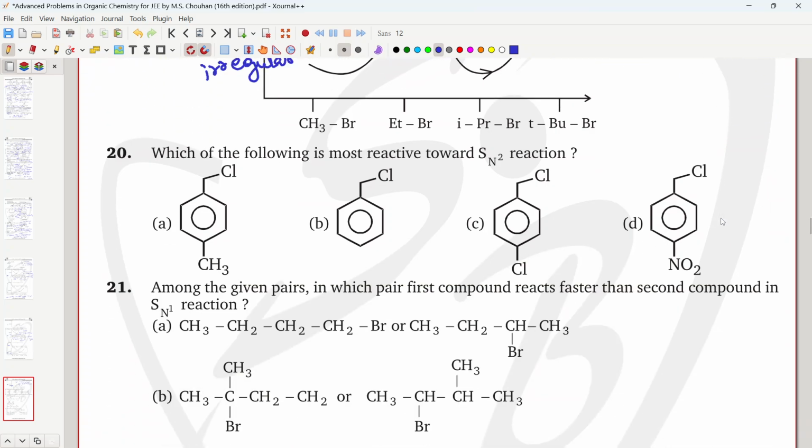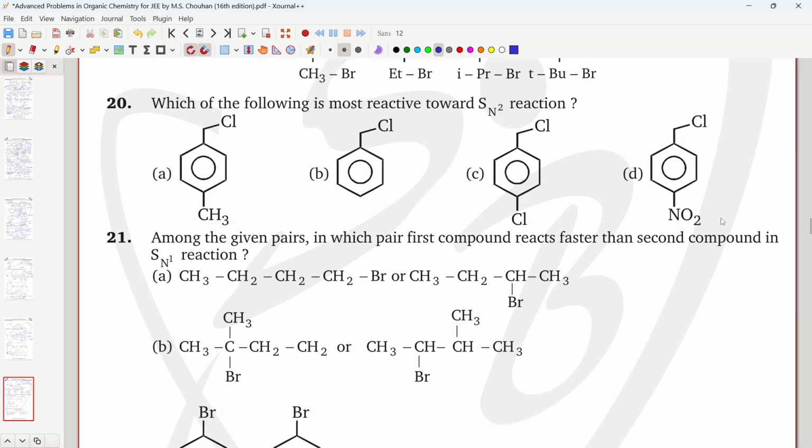Now, which one of the following is most reactive towards SN2 reaction? SN2 occurs at this. The transition state develops some positive character at the benzylic carbon.